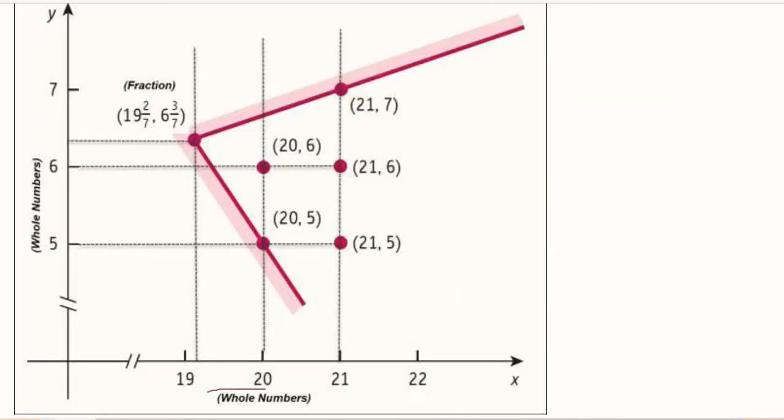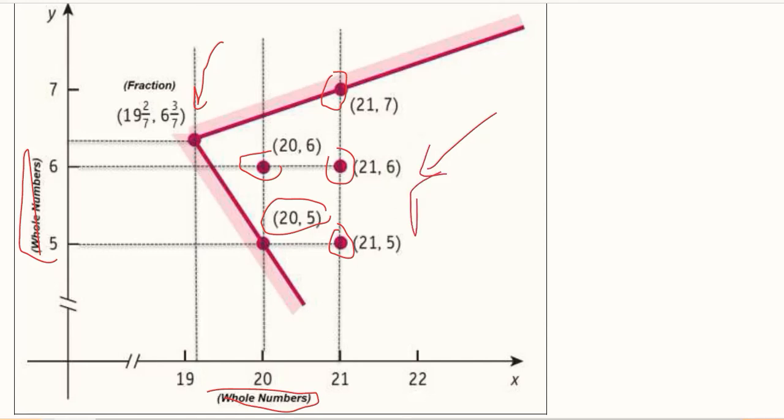We have taken whole numbers on the x-axis as well as whole numbers on the y-axis, so that it becomes applicable to the workers. So this is one point, and these are other points that we have chosen to experiment. Now there is a feature of these points, that they are satisfying the feasible region.